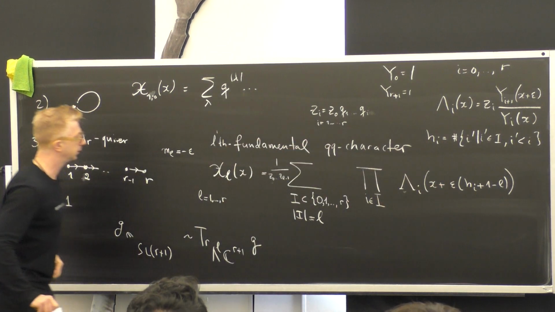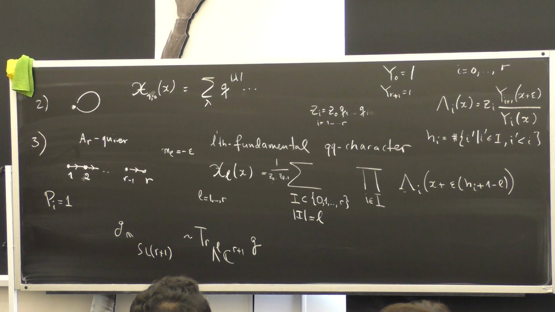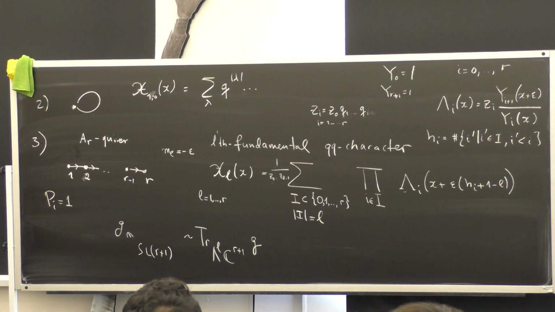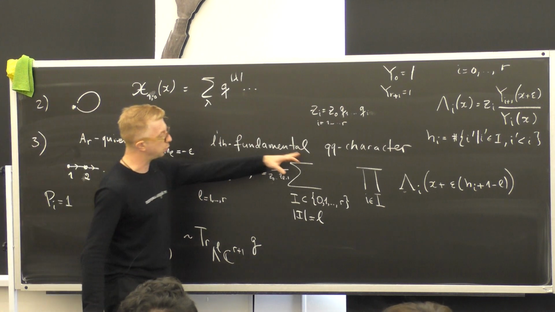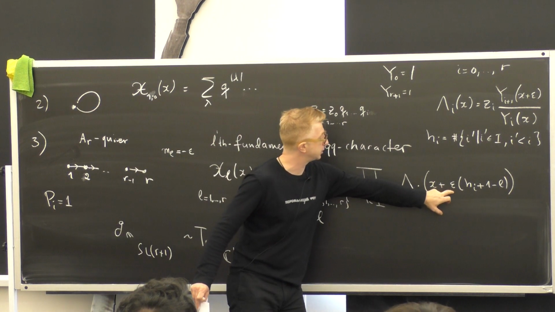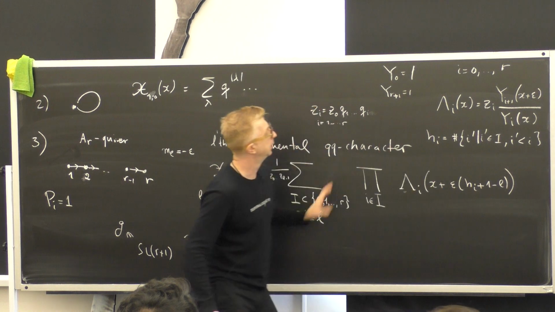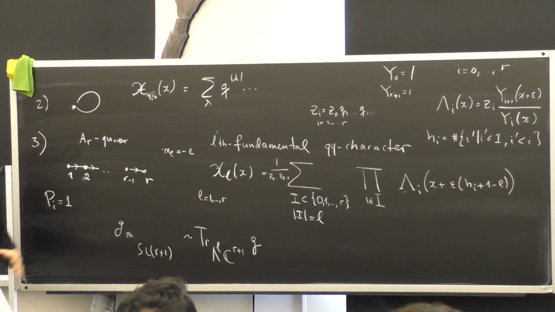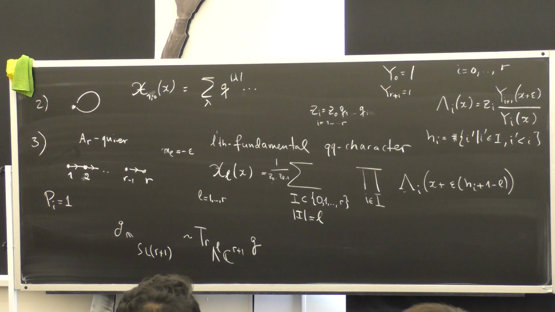So that's why it's a QQ character, not an ordinary character. And by the way, it actually coincides with the Q character in this case. You see, the only epsilon variable which enters is the sum of epsilon 1 plus epsilon 2. I mean, it algebraically coincides with the Kirillov-Reshetikhin QQ character. Okay. So that's it for the examples.